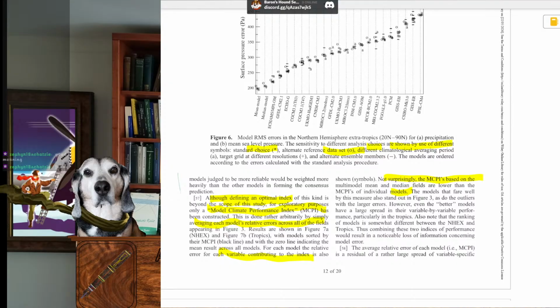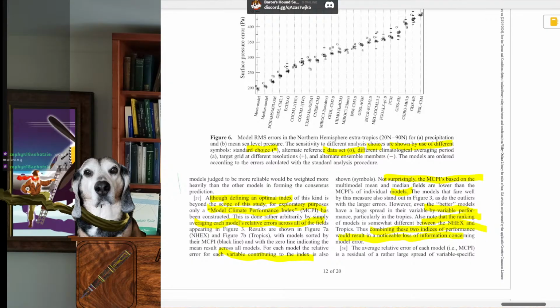However, even the "better" models have a large spread in their variable by variable performance, particularly in the tropics. Also note that the ranking of models is somewhat different between NHEX and the tropics. Thus, combining these two indices of performance would result in a noticeable loss of information, right?